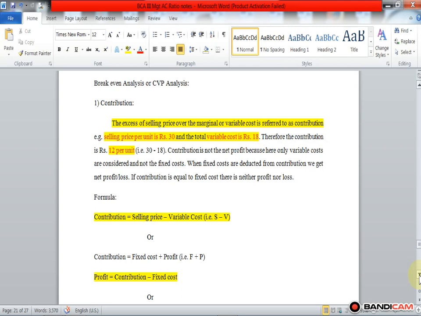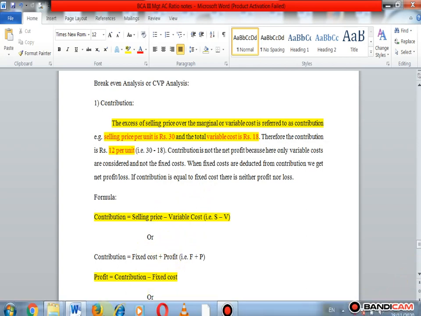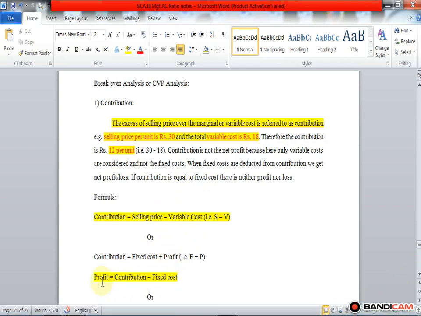We get the contribution of the organization, or another formula is given here. Contribution is equal to fixed cost plus profit. Okay, how do we calculate profit? Profit is equal to contribution minus fixed cost. We get the net profit or net loss of the organization.